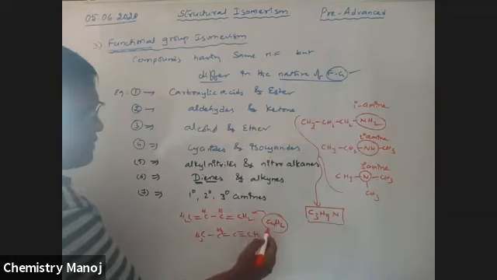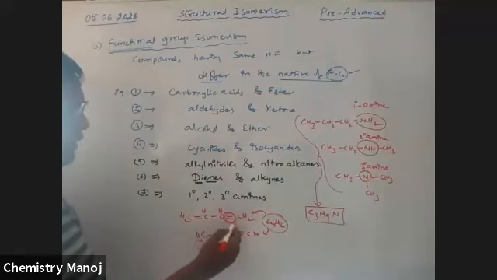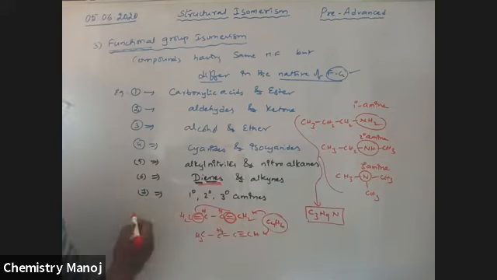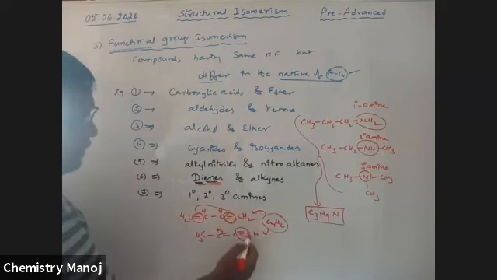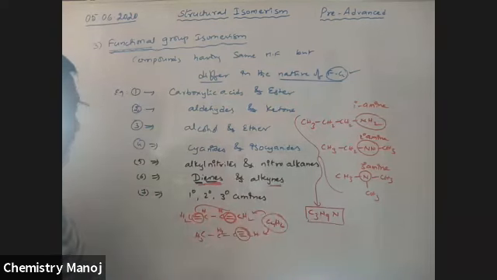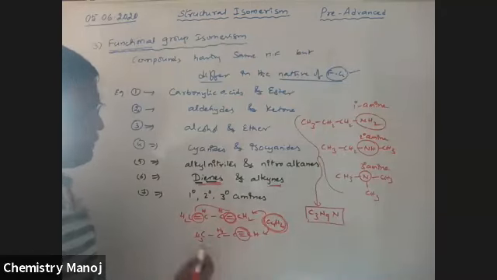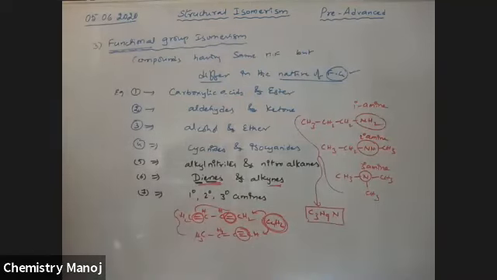C4H6. Both have the same molecular formula, but here there is a double bond and a double bond, that is why it is a diene. Here there is only 1 triple bond, it is an alkyne, but with the same molecular formula. That is why the functional groups are changed. One is diene and one is alkyne. That is why dienes and alkynes are functional isomers.